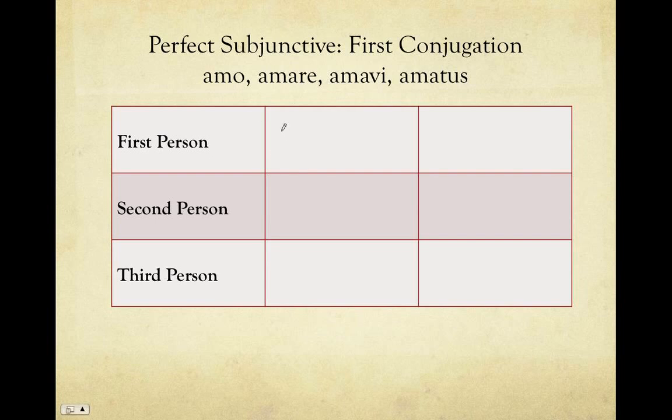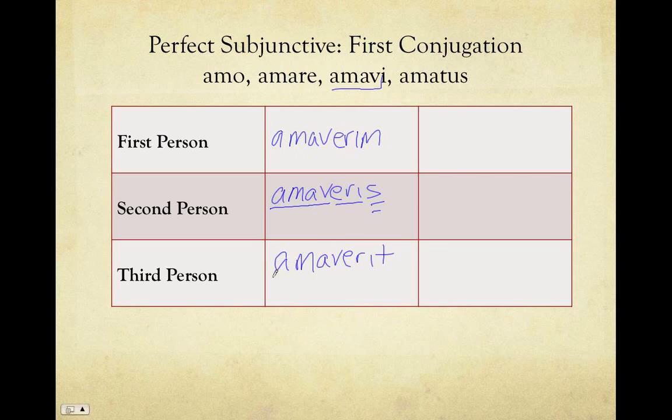So again, we'll take our paradigm verb here, amo, amare, amavi, amatus. We're going to take our third principal part, the stem, amav, our infix, eri, which tells us that this is a perfect subjunctive, and then we'll add our personal endings: amaverim, amaveris, amaverit.